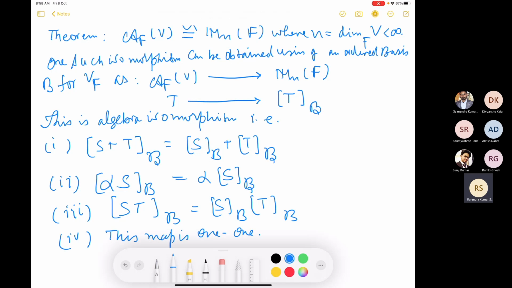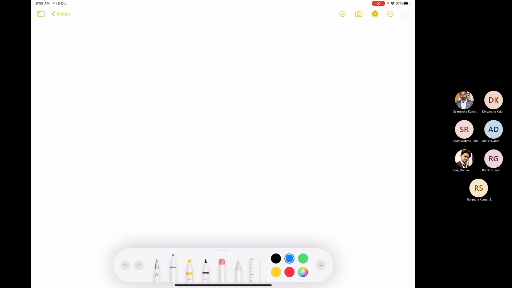That you can prove easily using the property of the basis vectors Vi. So what we get here is that this is an algebra isomorphism of A(F,V) into Mn(F). Now this map is onto also. That can be easily seen.